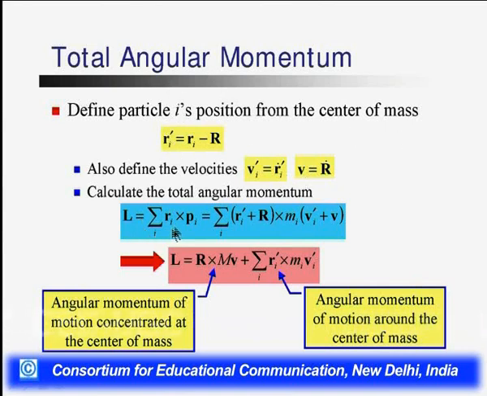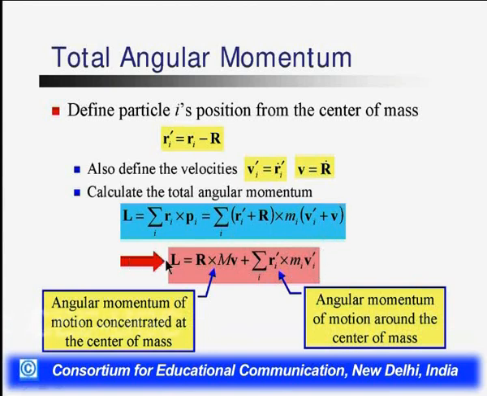Then L is equal to the summation of Ri into Pi, and we put in Ri equal to Ri dash plus R. Now Ri becomes Ri dash plus R, into Mi times Vi dash plus V.